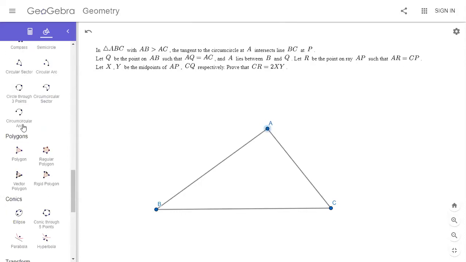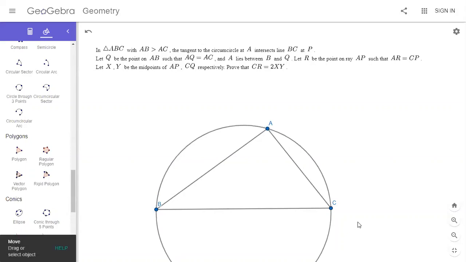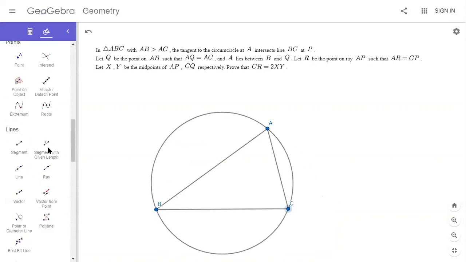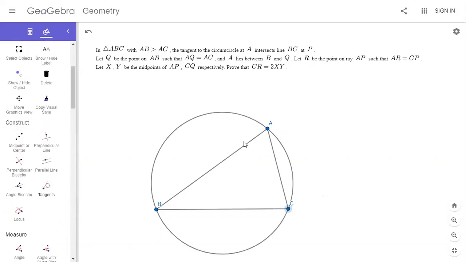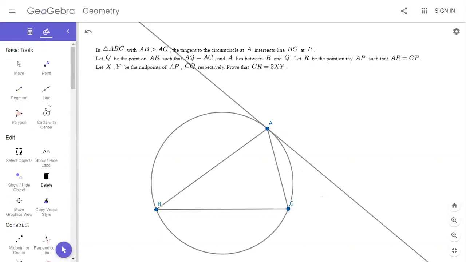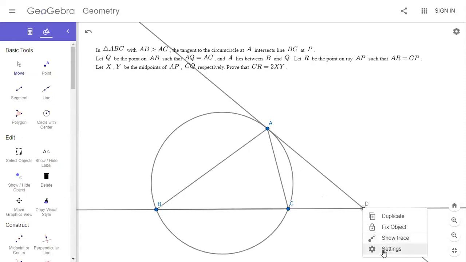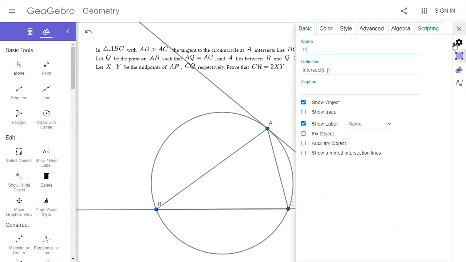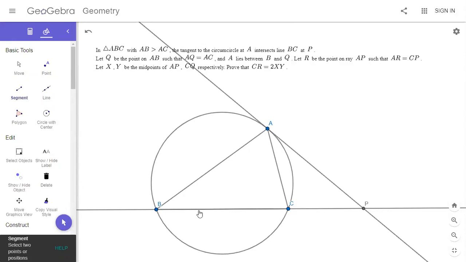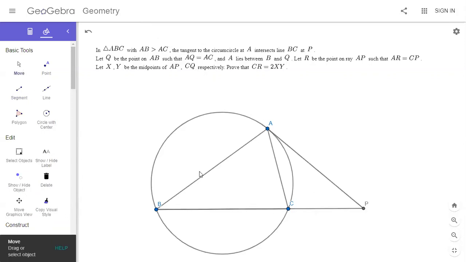The tangent to the circumcircle at A intersects line BC at point P. Let Q be on AB so that AQ is equal to AC.